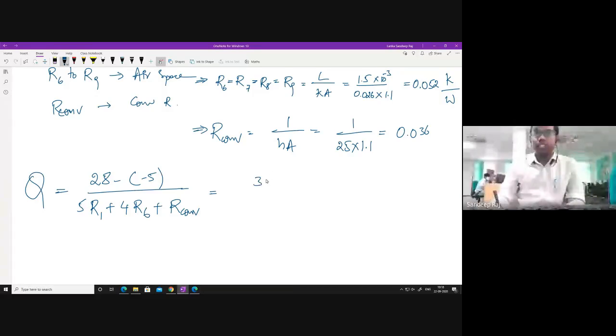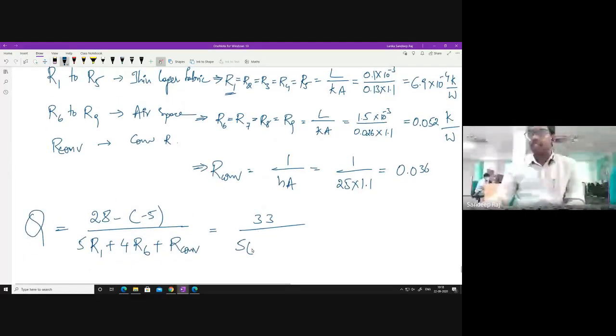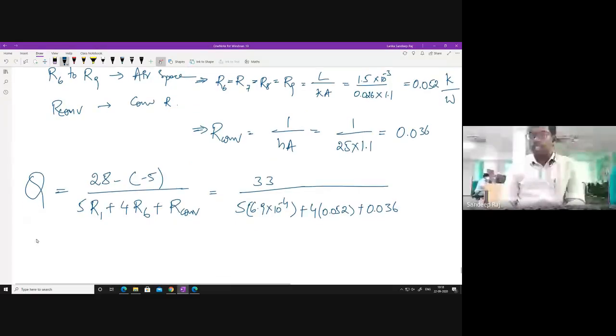28 plus 5 is 33 by 5 into R1 value, which is 6.9 into 10 to the power of minus 4, plus 4 into 0.052 plus 0.036. Tell me this value.